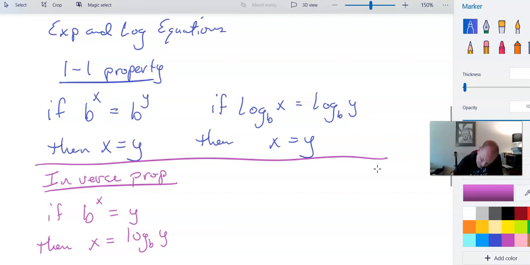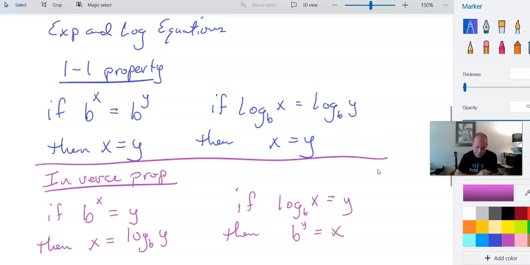The other way is if we have log base b of x equal to some number, I'll use y again, equal to some number, then I can rewrite it as an exponential: b to the y is equal to my x. Now, that's using the definition.